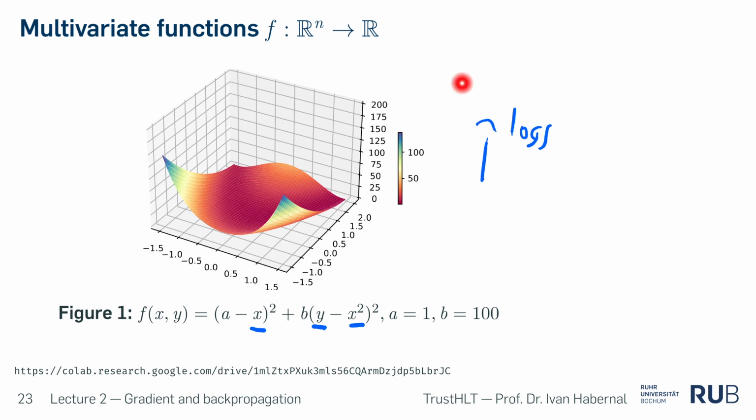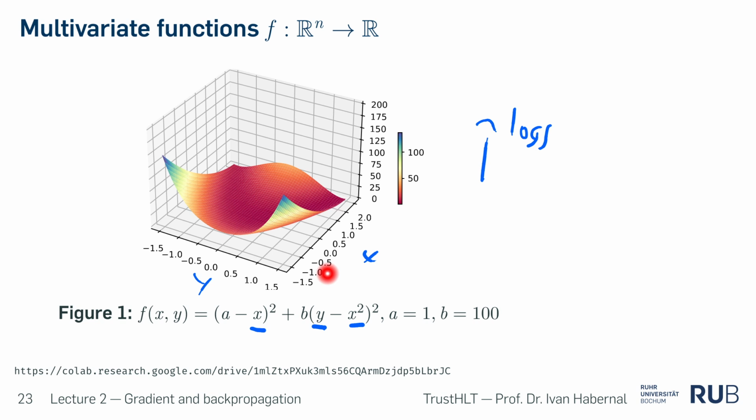The loss function is the z-axis, and x, y are those 2 parameters, and we want to find the parameters which give us the minimum of this function. This is called a banana function, or Rosenbrock function, because the valley is shaped like a banana. I think I have a better picture later on. And you want to find a point where this is minimal.